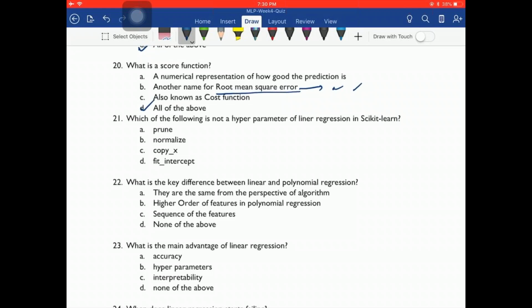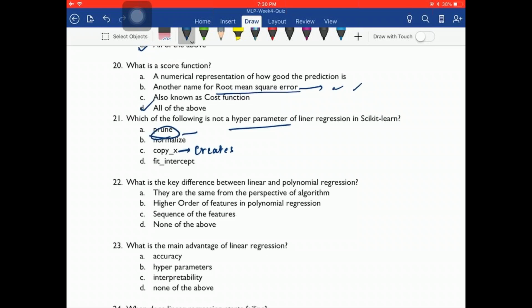Hyperparameter is basically the number of trees, the depth of the trees, like we discussed, the intercept. What is copy_X? It creates different copies of features. Okay, I'll simplify the answer.